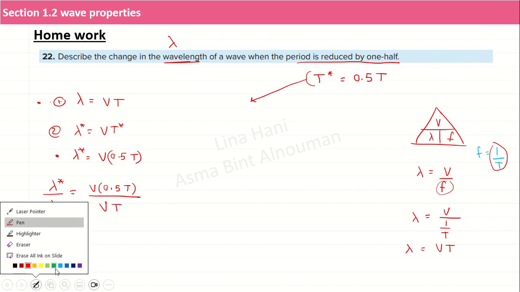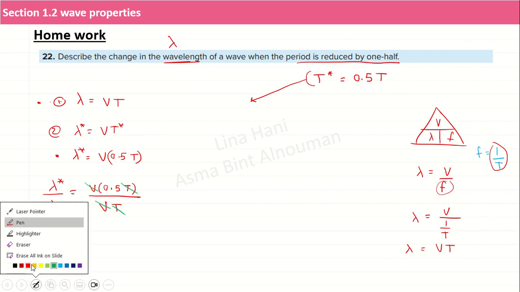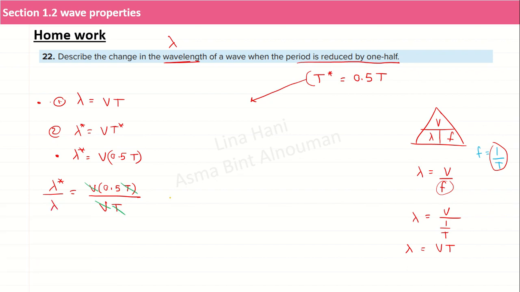You can see that a couple of variables will cancel, and we're left with the relationship between the new and the old wavelength. The new wavelength over the old wavelength is equal to half. Cross multiply, the new wavelength is half the old wavelength.